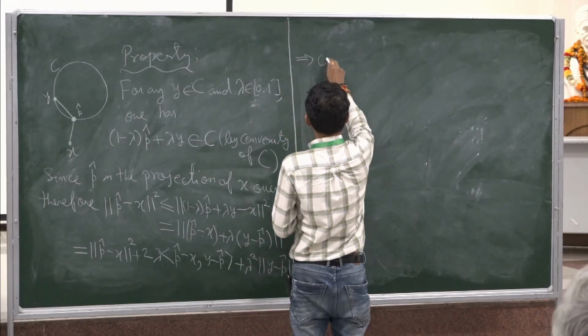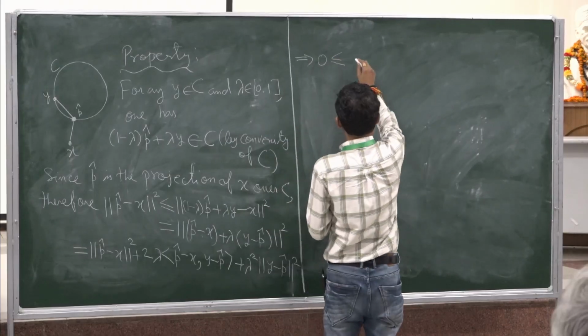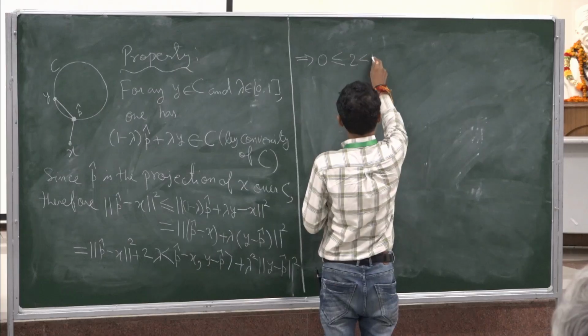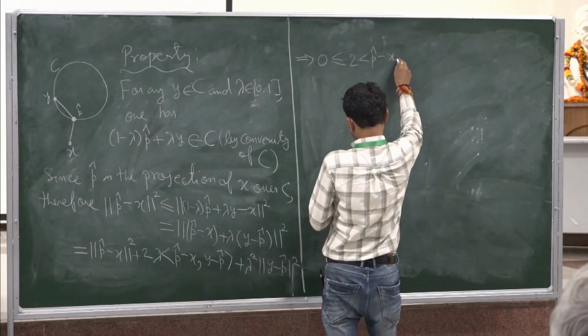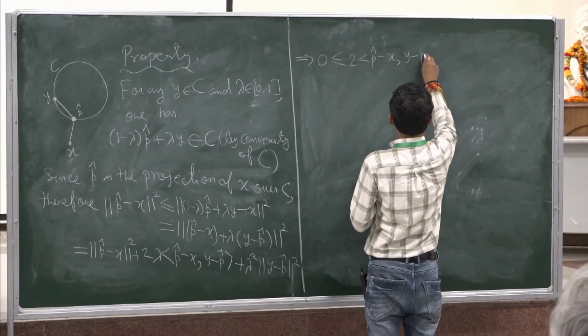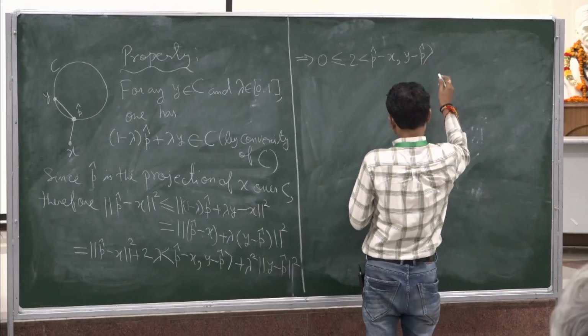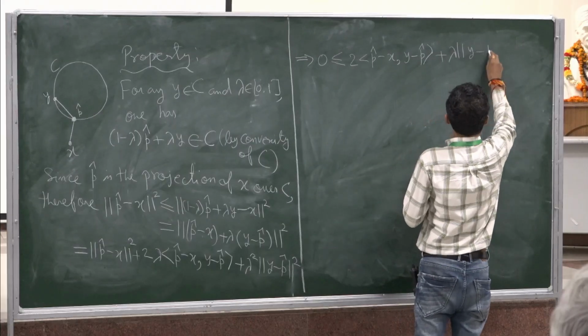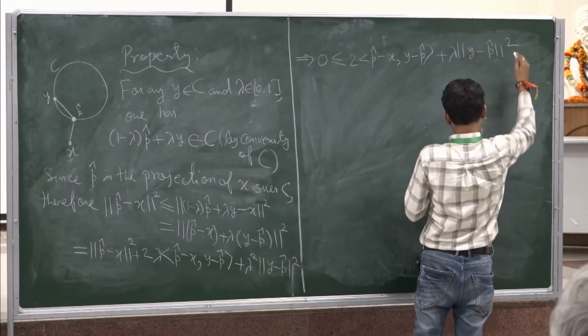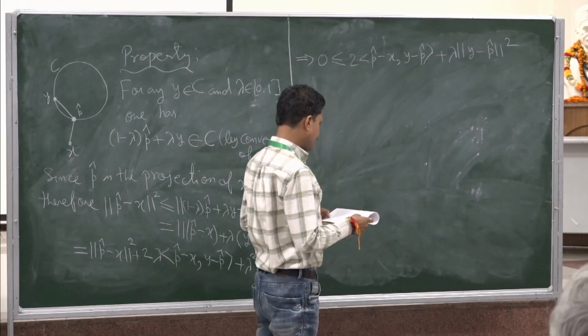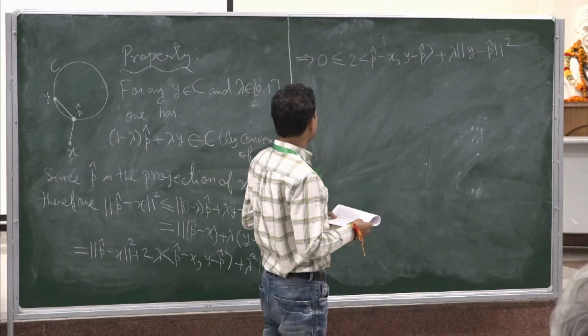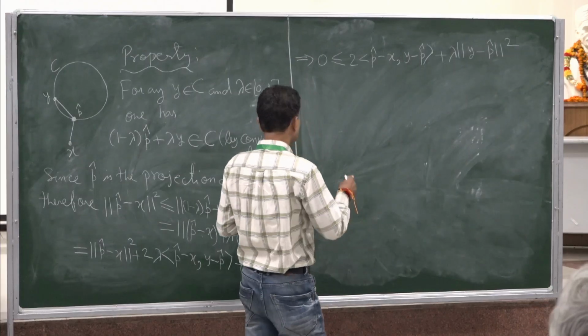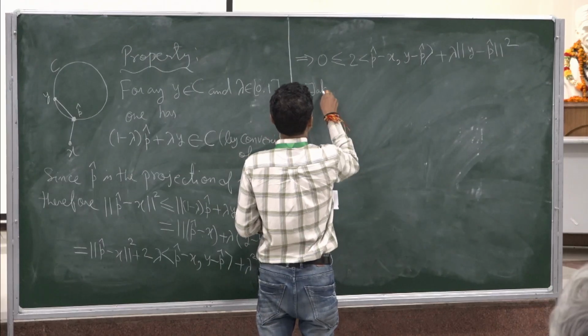that this number is greater than or equal to 2 times the inner product of P hat minus X and y minus P hat, plus lambda times the norm squared. And now we can take the limit.